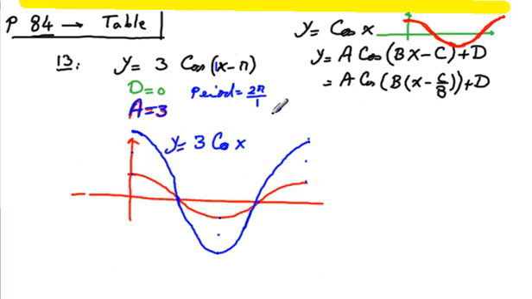Last item is our phase shift. Our phase shift is c over b, negative of this quantity, indicates the amount by which we translate horizontally. So what is our phase shift? So negative of this quantity will be pi divided by 1, it just becomes pi.